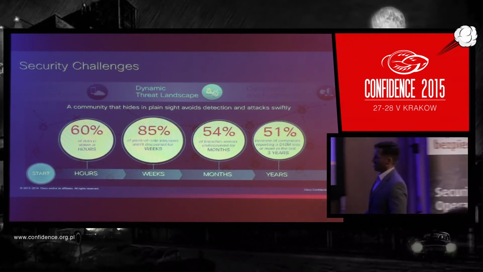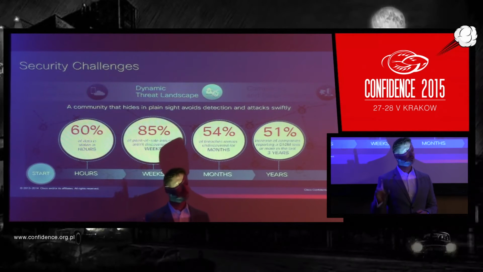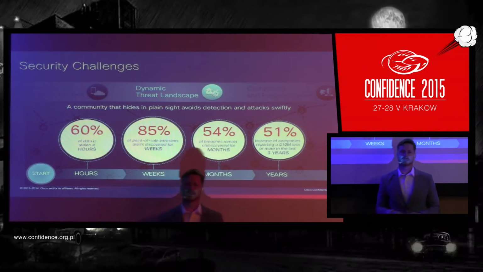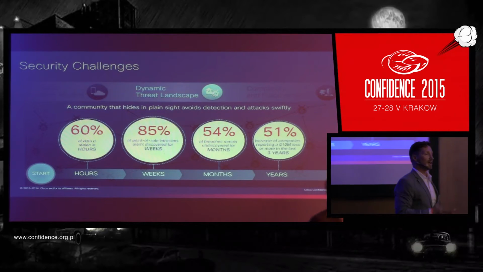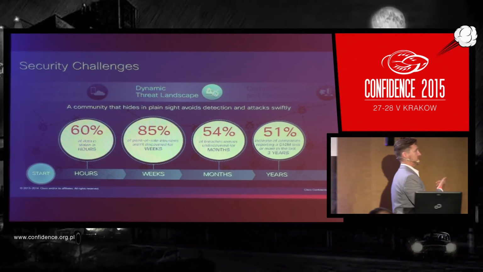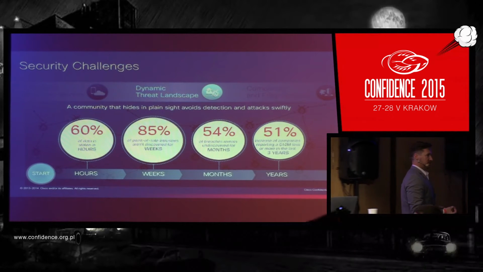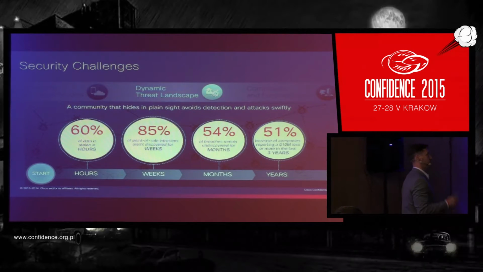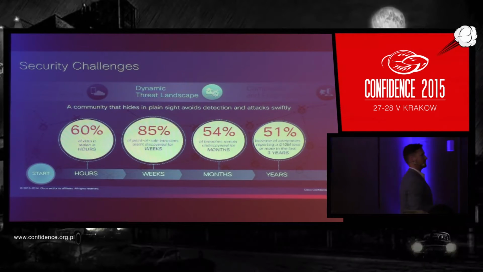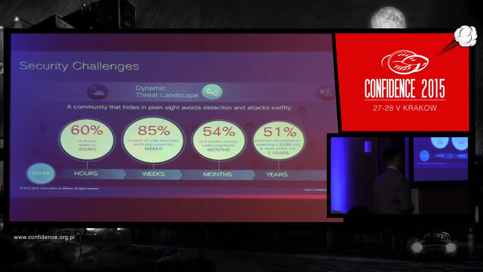And one of the things that they highlight is that the attacker is usually successful within just a few hours. 60% of the time, it only takes minutes or hours for the attack to succeed and begin exfiltrating information. But most defenders, it takes them months. And usually that means law enforcement taps them on the shoulder or a CERT organization and says, we've found evidence that your system is compromised.